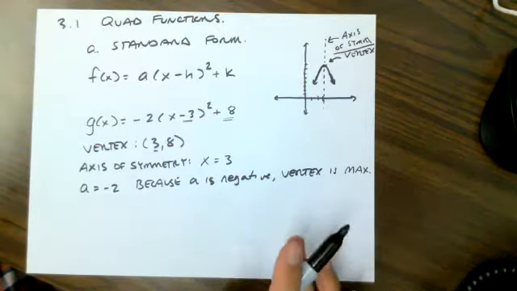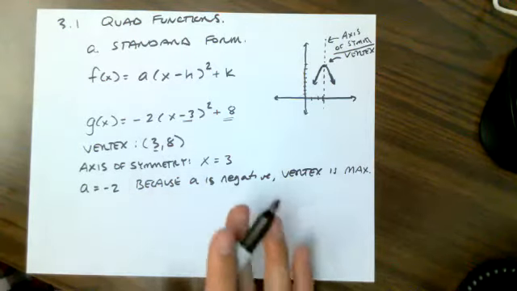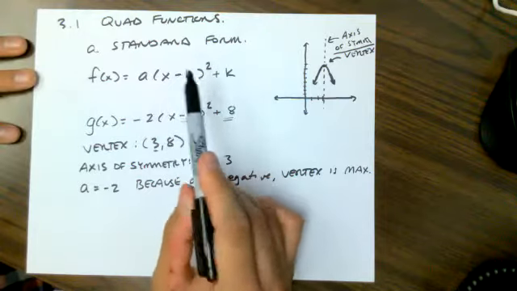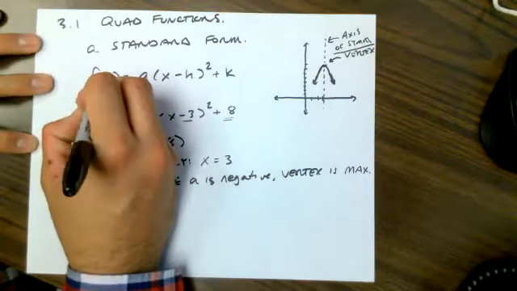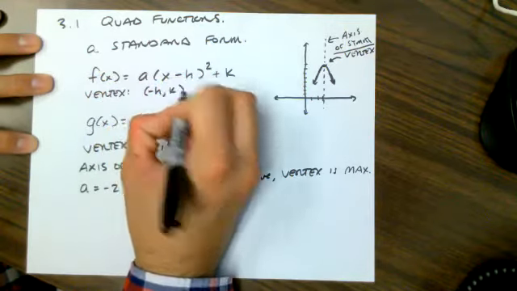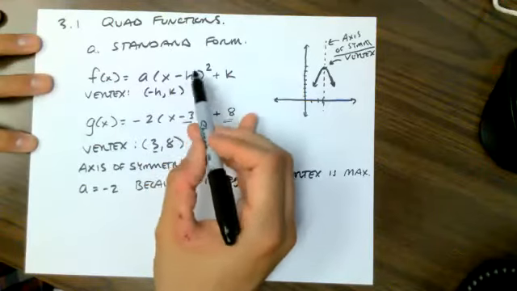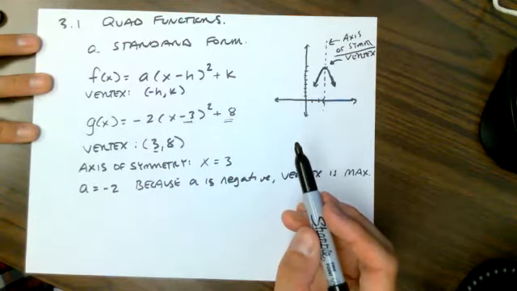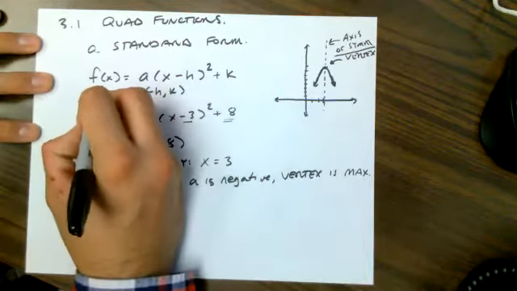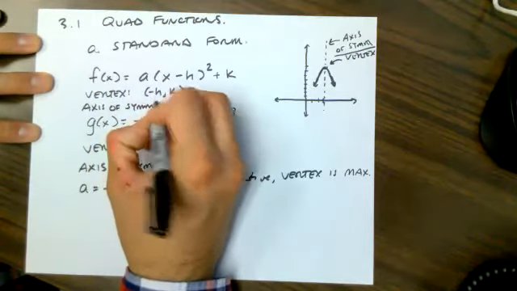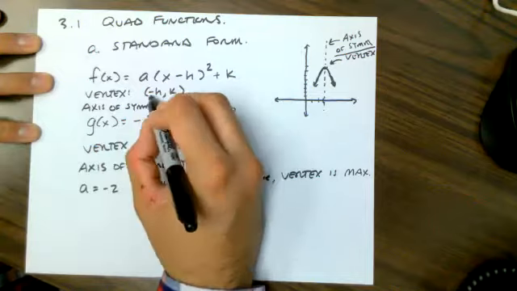Okay. Questions about this? I'm going to do some more examples. I really didn't go over the formula here. The formula is that the vertex is always negative h, k, because you always take this number and make it negative. And the axis of symmetry is always x equals negative, whatever this value is.